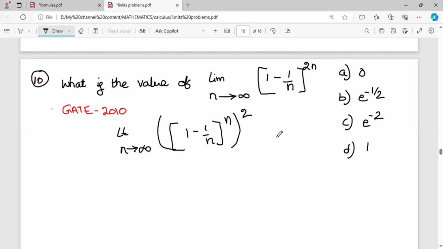We can write a power m whole power n equal to a power mn, by applying the simple mathematical expression.